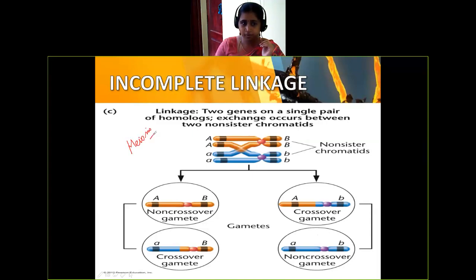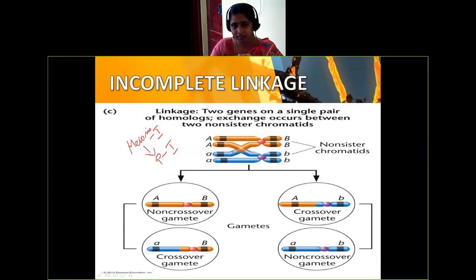In meiosis there are two stages, meiosis 1 and meiosis 2. In the first stage, prophase 1, it takes place. There you can see the crossing over. They look like a bivalent and the arms of the chromosome cross over. Based on that, the genes get exchanged, and only then are they inherited.